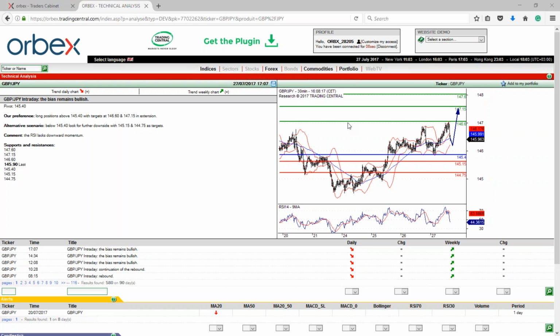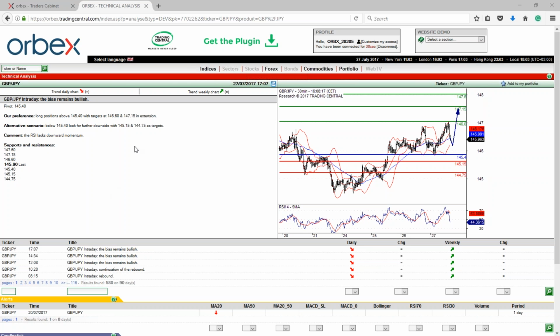Essentially, what Trading Central is doing is looking at the readings given by these various indicators to determine a price direction, and then using their models to identify the key support and resistance levels, and crucially this pivot. This blue line is the pivot which you'll see in each intraday update, where if price remains above that level, Trading Central remain bullish, and if price breaks below that level, then they shift their view to a bearish view.